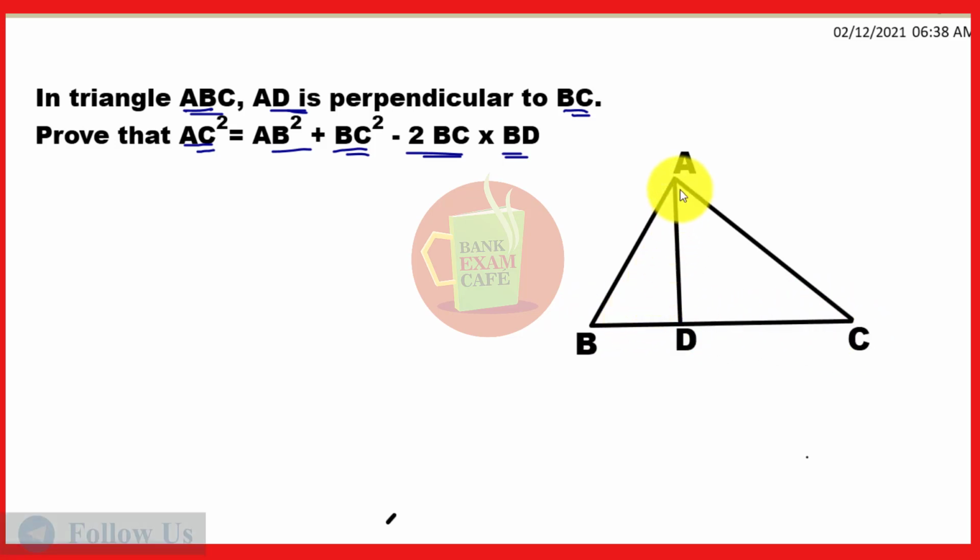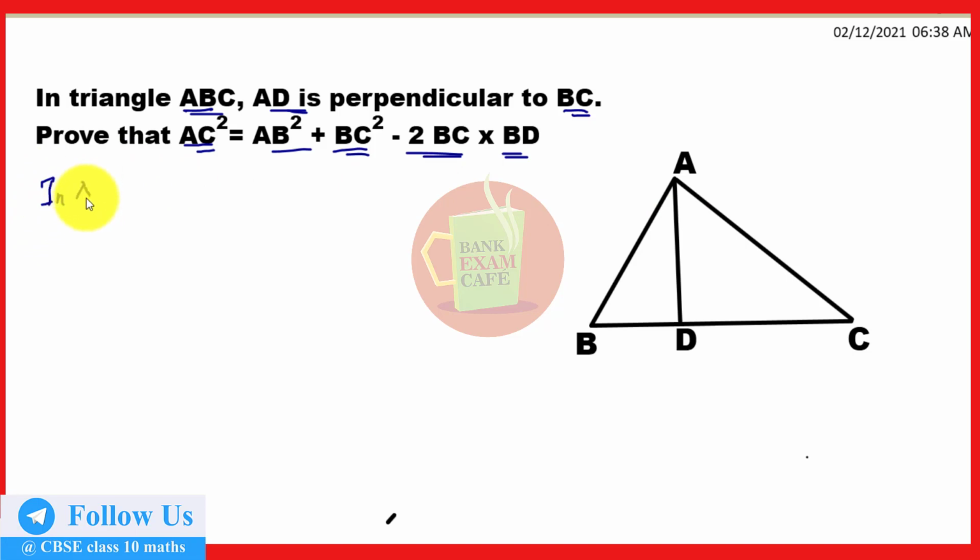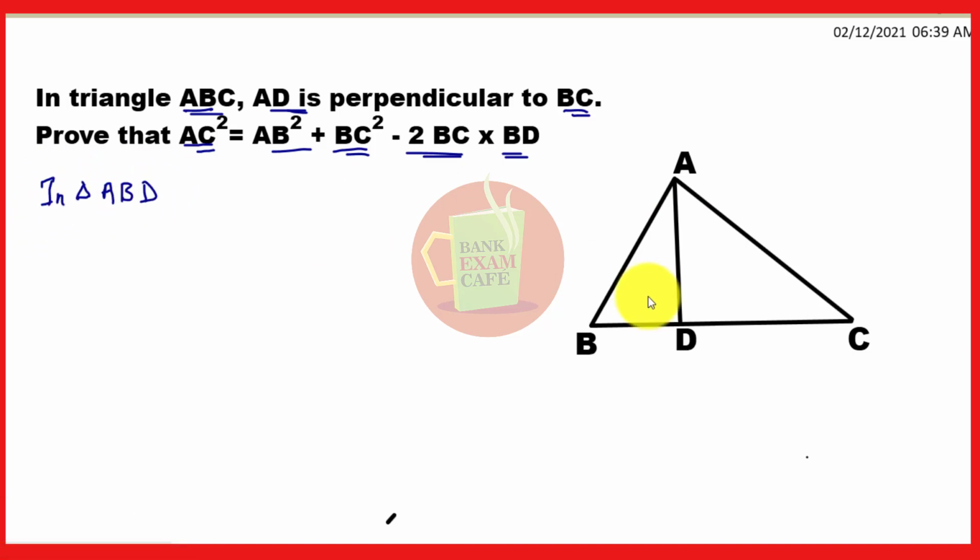First, we will take triangle ABD. In triangle ABD, since AD is perpendicular to BC, this angle is 90 degrees and triangle ABD is a right angle triangle, so we can apply Pythagoras theorem here.